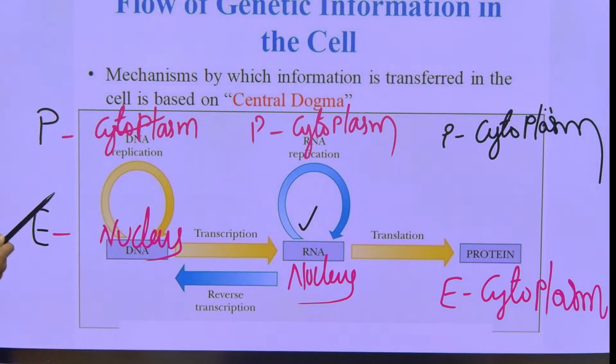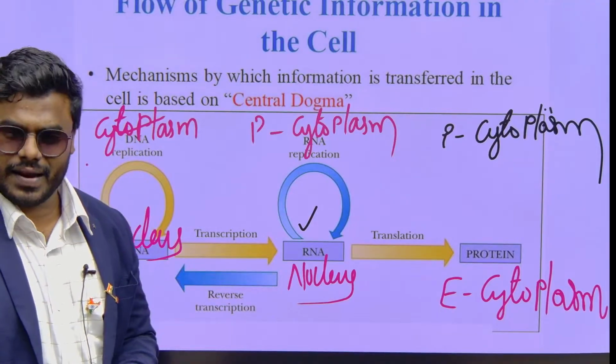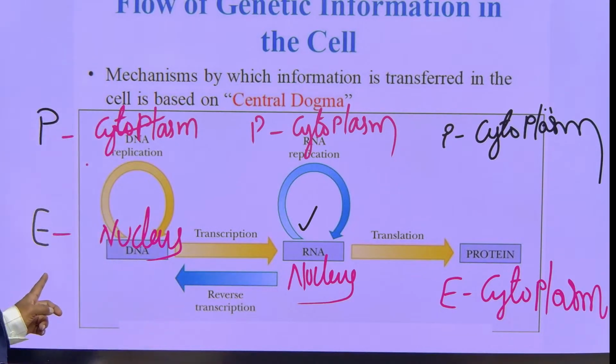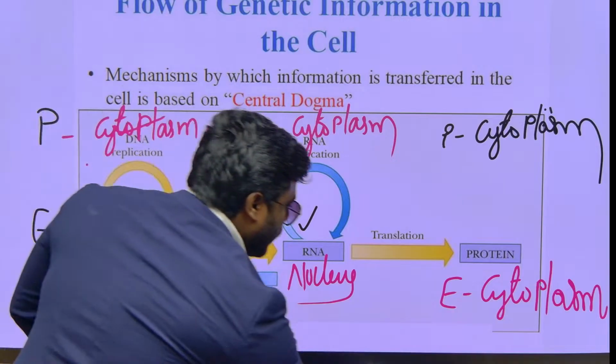Look into the picture. Now in case of prokaryotes, replication is over, transcription is also over. Then what do we get? mRNA. Correct? Same way, in case of eukaryotes also, replication is over, transcription is also over, we get mRNA. Now please look into this.